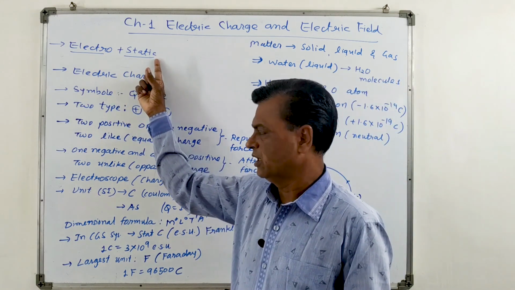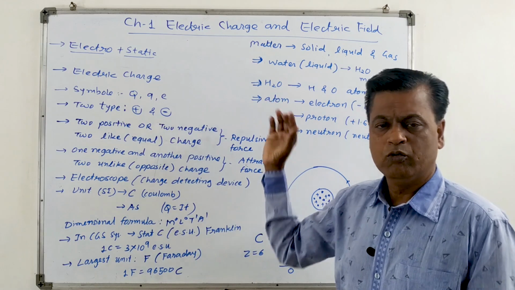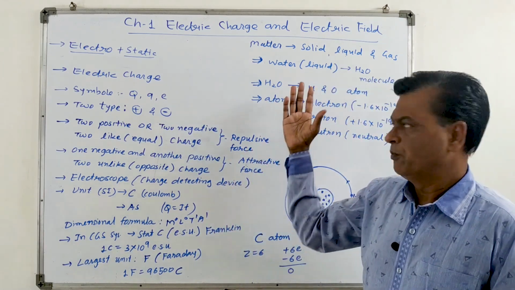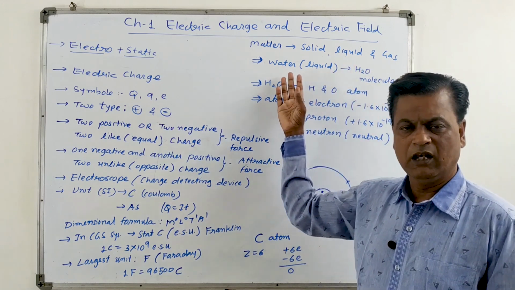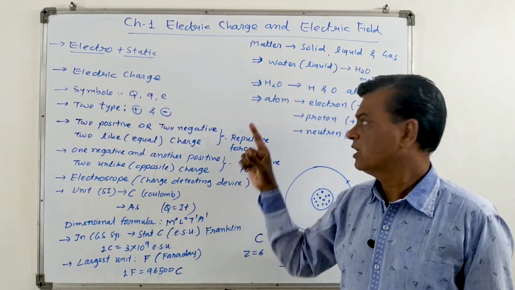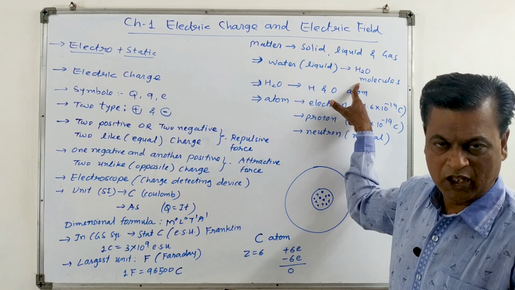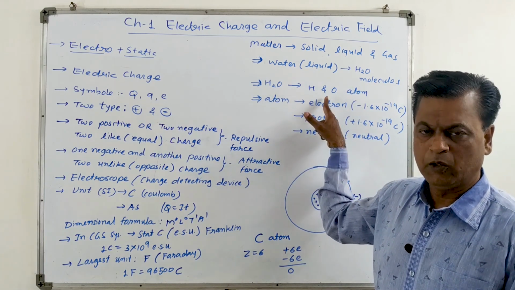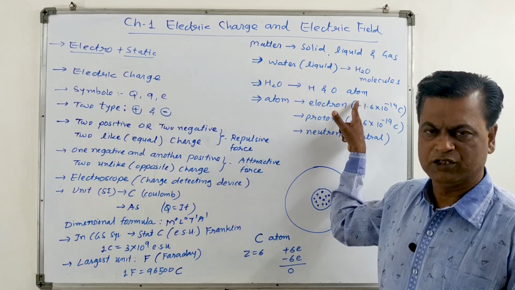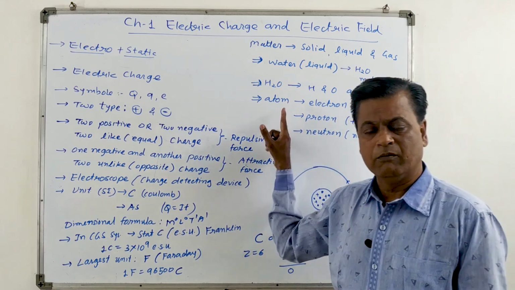as electrostatics. Now you know that states of matter are three: solid, liquid and gas. Consider liquid water. Water is made up of H2O molecules. Further, H2O molecule is made up of 2 hydrogen atoms and 1 oxygen atom. Now atom.